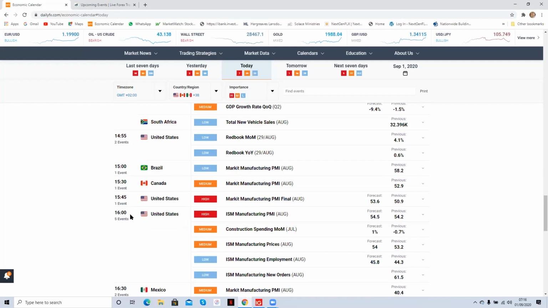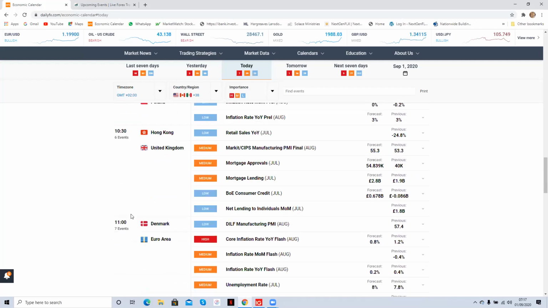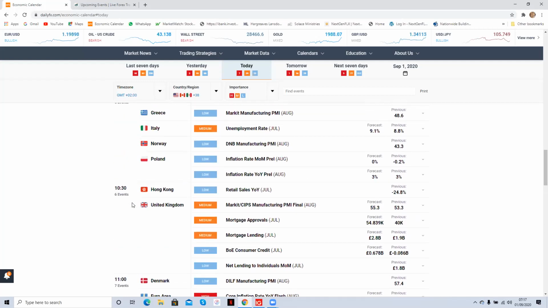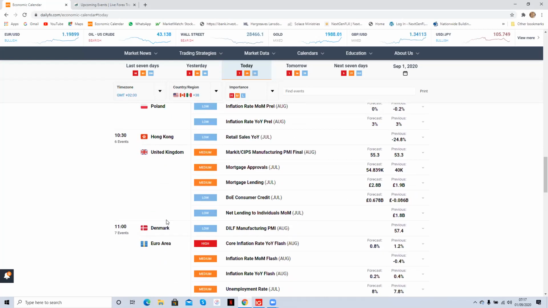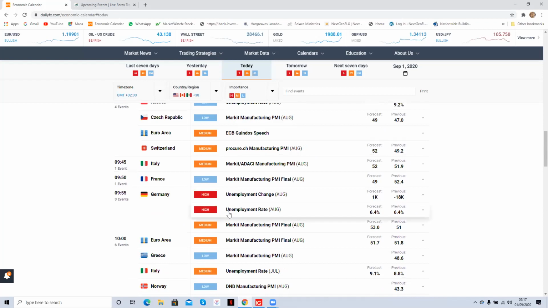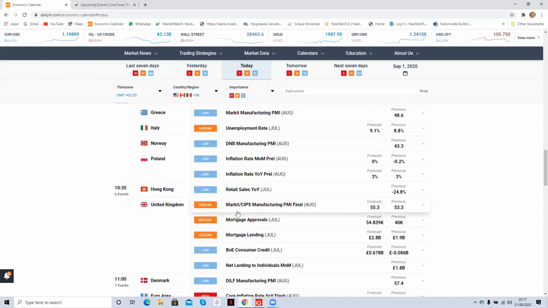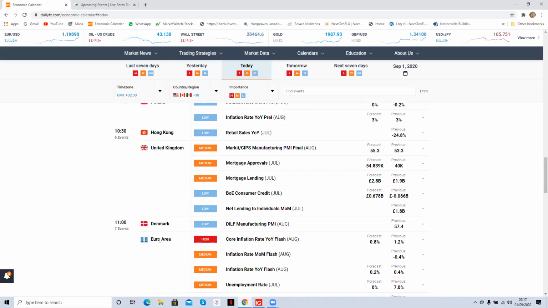And if we want to break it down even further, this is a report out of Germany alone, the unemployment rate, which could still affect the euro, but certainly this report out of the euro area at 11, the core inflation rate, could definitely impact the euro.